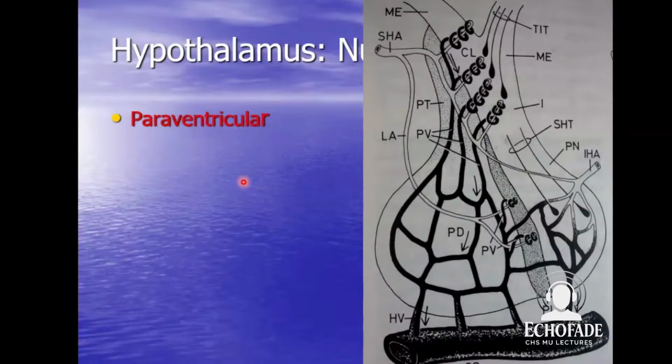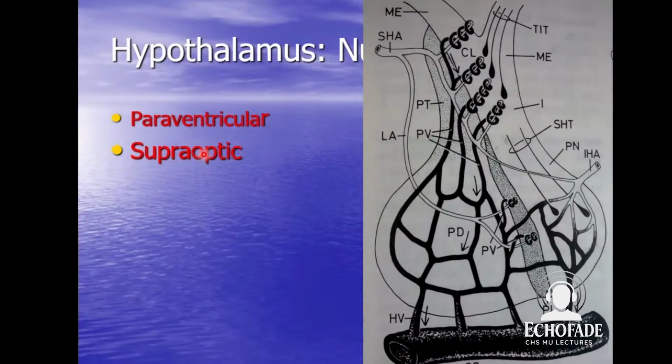So we have two types of nuclei. We have those with very large cell bodies that we call magnocellular nuclei. These are the two: the paraventricular nucleus, adjacent to the ventricle, and the supraoptic nucleus, above the optic chiasma.